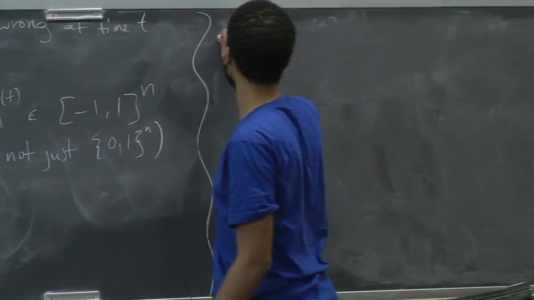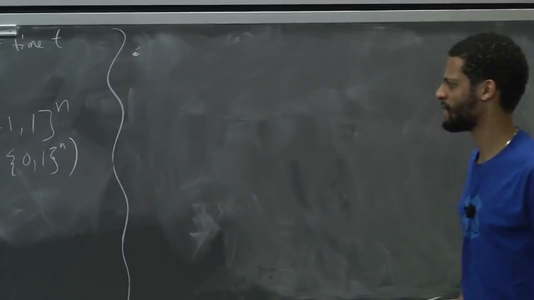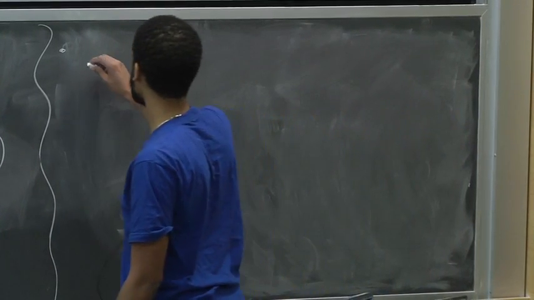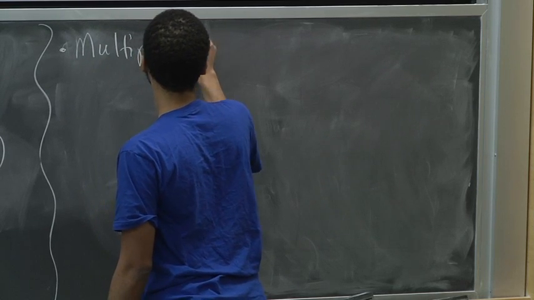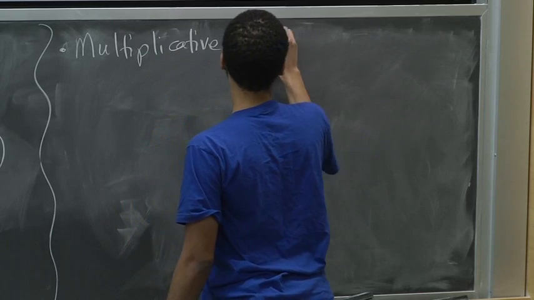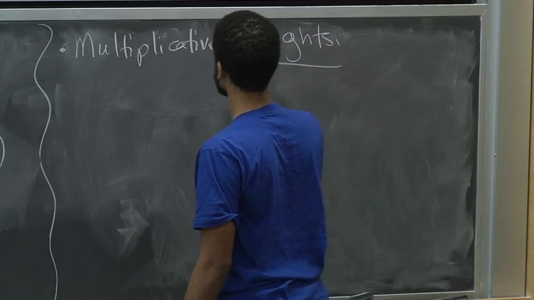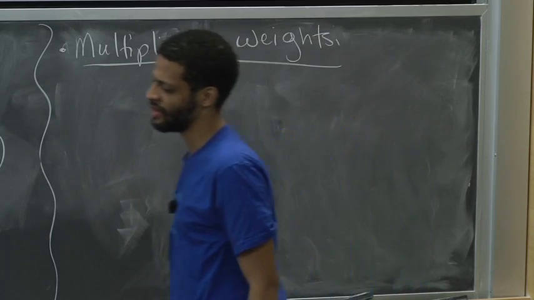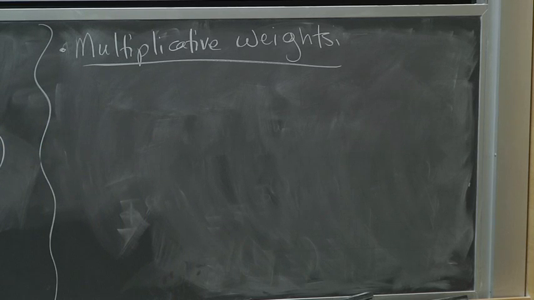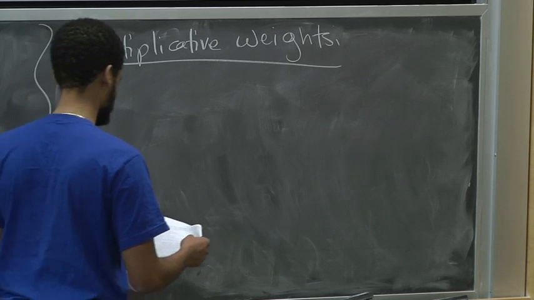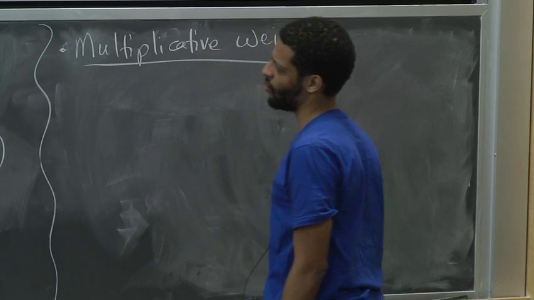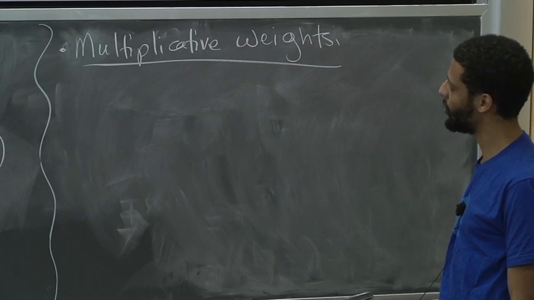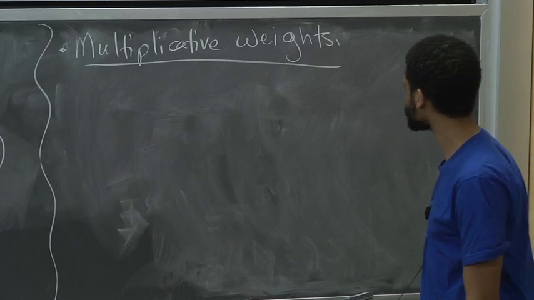So the multiplicative weights algorithm. Right. So we need to figure out what this probability vector is that we're going to output on day t plus 1.